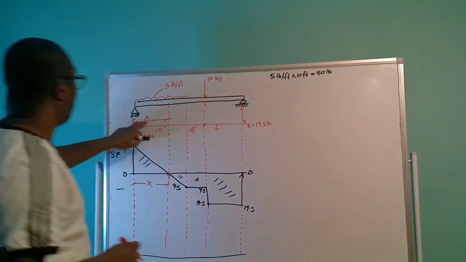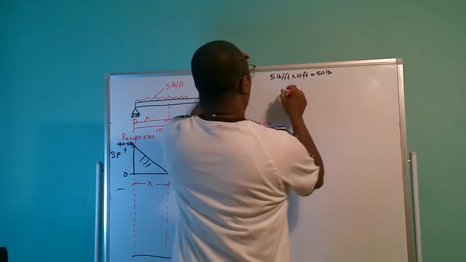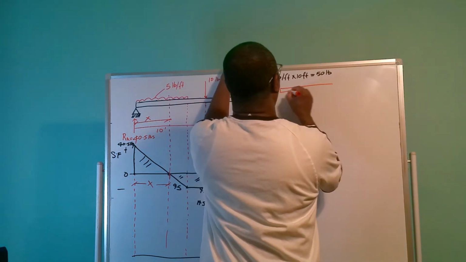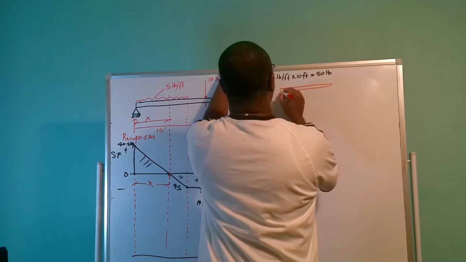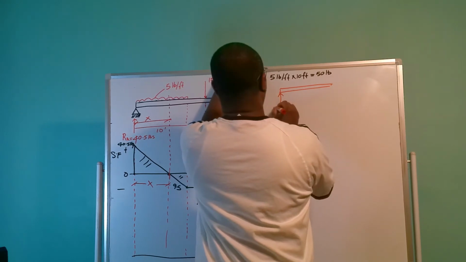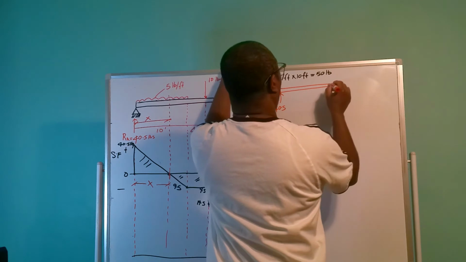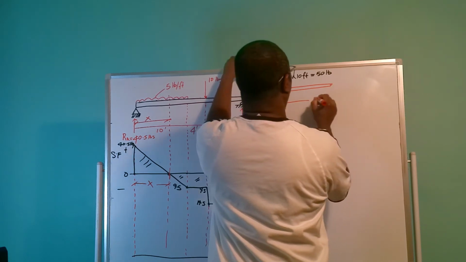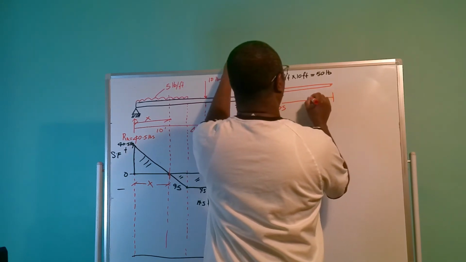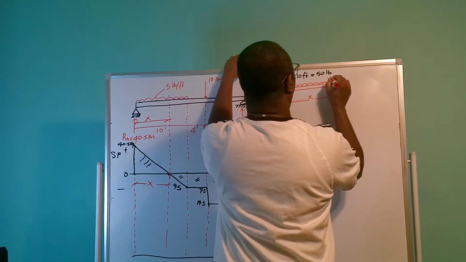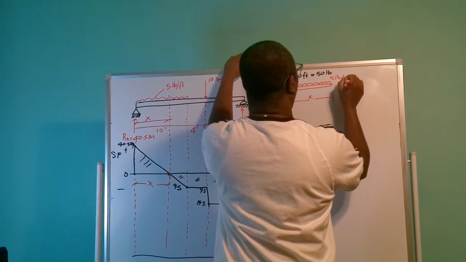So how to calculate x? I can just simply do this. We have here 40.5 pounds going up, and this distance is x with a uniform distributed load of 5 pounds per foot.